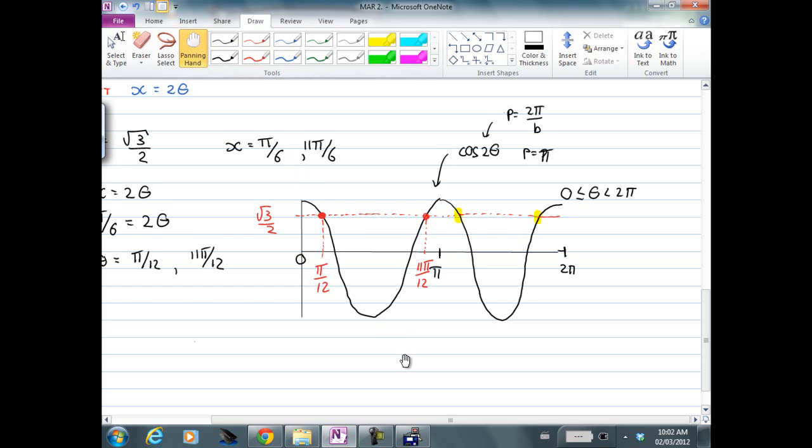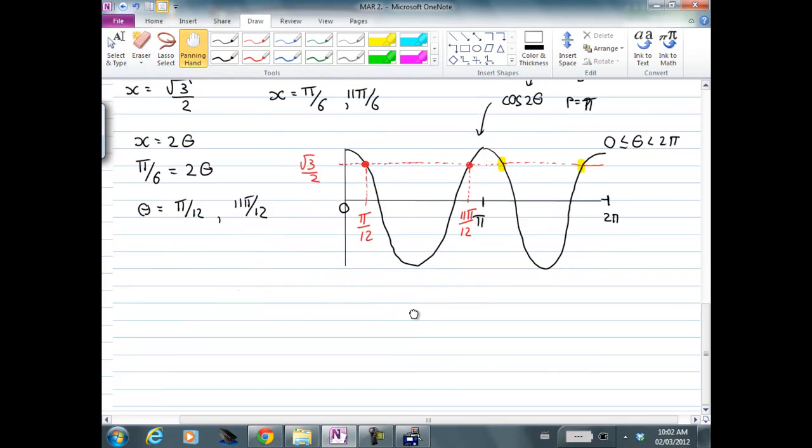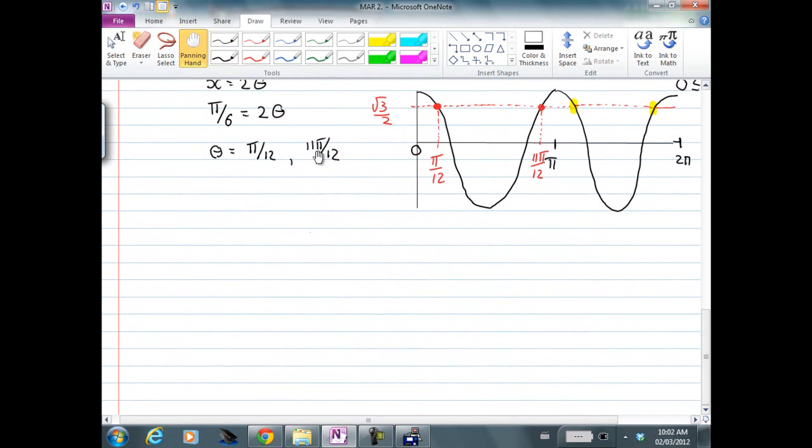Now, how do you figure out the last 2? I'm going to show you how to find the multiple solutions. This is something called how to find the general solution. Here's a trick.